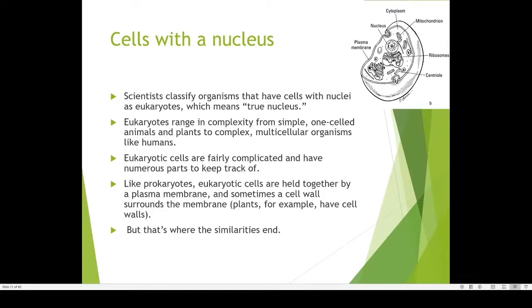Like prokaryotes, eukaryotic cells are held together by a plasma membrane. And sometimes a cell wall surrounds the membrane, just for plants, for example. But that's where the similarities end. The majority of them are different already.